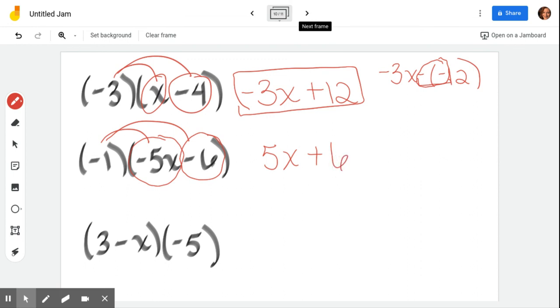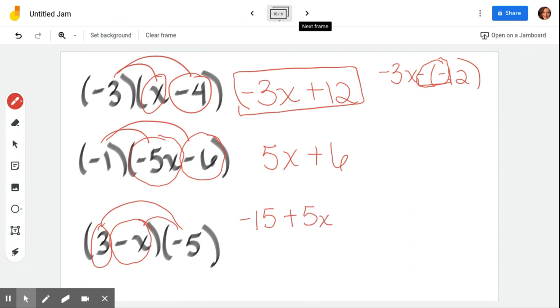Last one. Inside I have a 3 and I have a -X. I'm going to rainbow, rainbow. Now remember I said I always go to the one first that's on the far left. It doesn't mean you have to, so I'll show you both ways. Going to the 3 first. -5 times 3 is -15. -5 times a -X becomes a positive 5X.